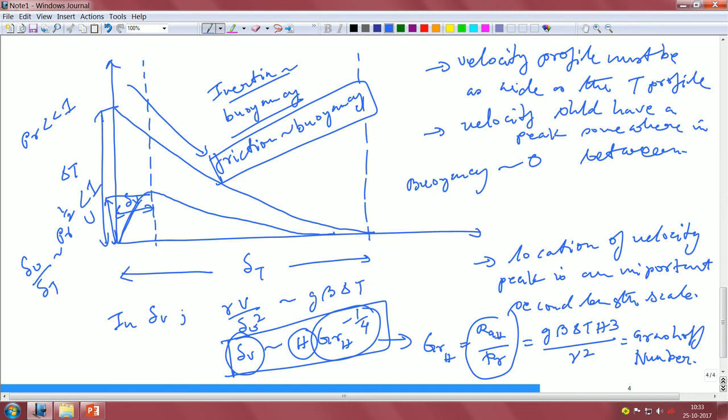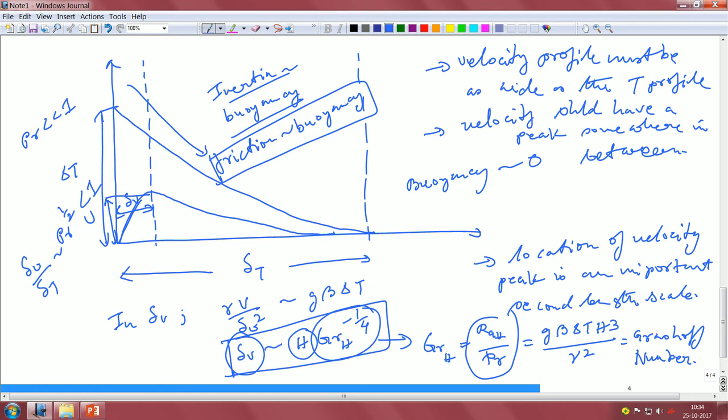For example, the Grashof number, you can see from the definition, is a balance between the friction and the buoyancy force, because that is how we got it in the first place. Similarly for the Boussinesq number and Rayleigh number, you can just look at the scale arguments. But in some cases people look at it as what we call the slenderness ratio, that means the ratio of the boundary layer thickness versus the natural length scale of the problem.